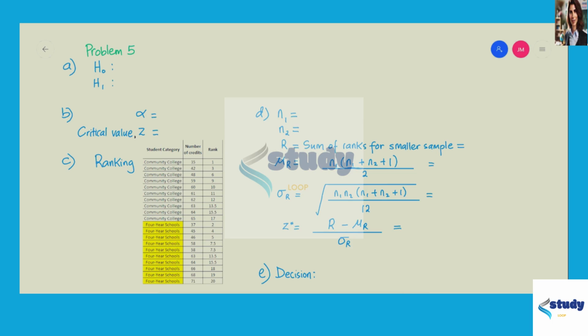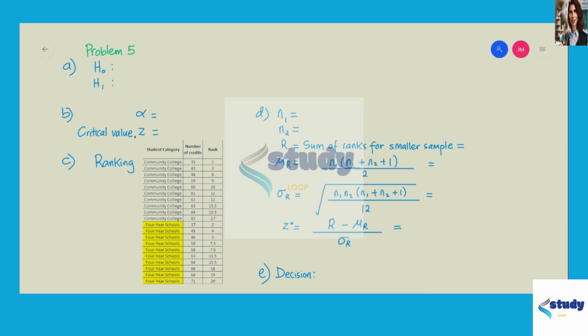Now, we're going to compare these two samples using the 0.05 level of significance, and to test whether there is a difference in the number of credits received by these two categories of students.